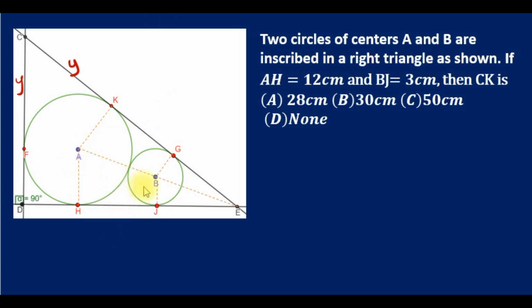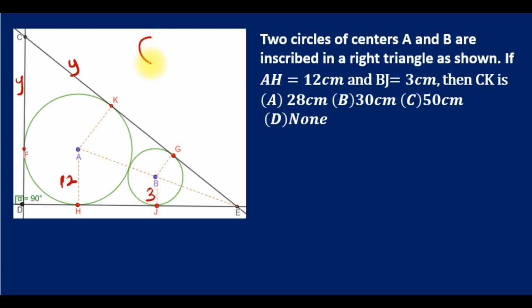So I've joined some points. So let's add the values. AH, they say, is 12. So we have AH 12. BJ is 3. So the radius of this small circle is 3.